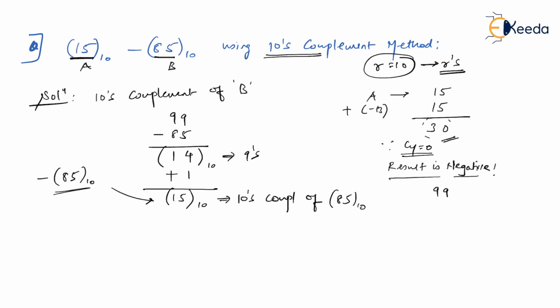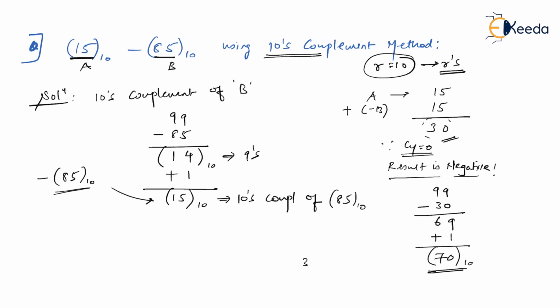What I do is, tens complement means again 9's complement plus 1. So 99 minus 30 will give me 9's complement. 9 minus 3, how much is it? It is 6. So 69 is 9's complement, plus 1. If I do, then I'll get 70 to the base 10. Congratulations, you got 70 to the base 10, isn't it?